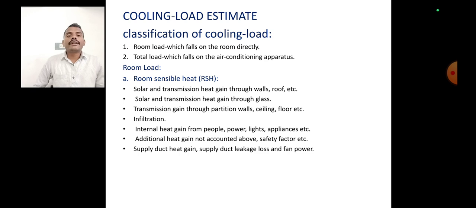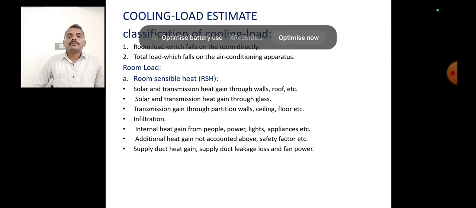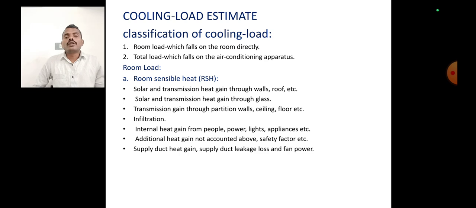Outside it is a higher temperature, higher humidity range. The air is transferred from the higher range to the lower range. It mixes with the room air and starts increasing the temperature of the room air.